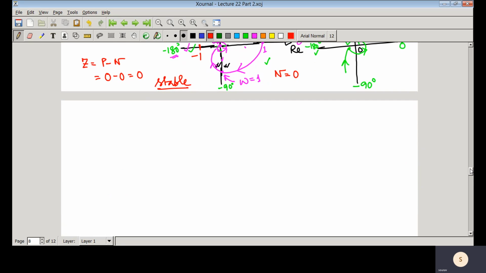So let us take one more example. Suppose you have G of s H of s equal to 1 by s plus 1. So now you can see what would be the Nyquist contour.